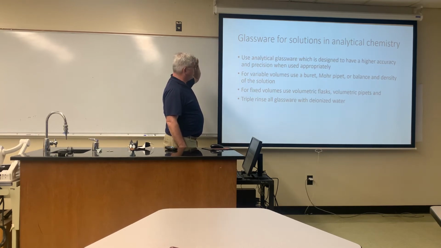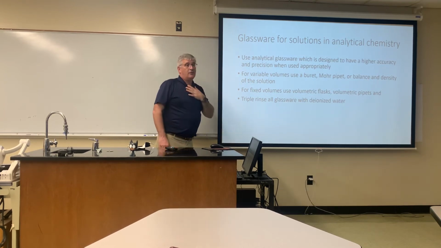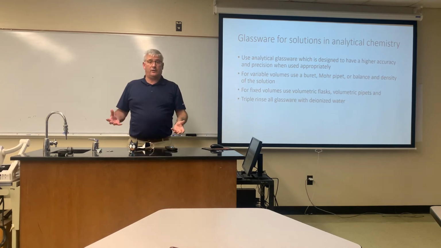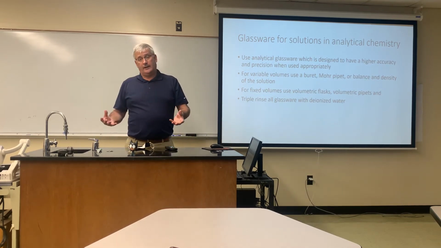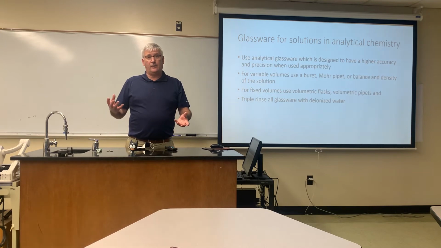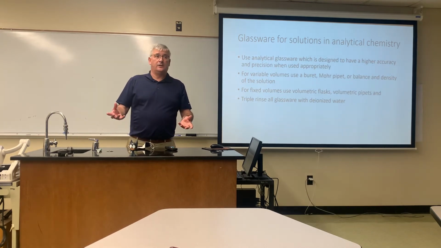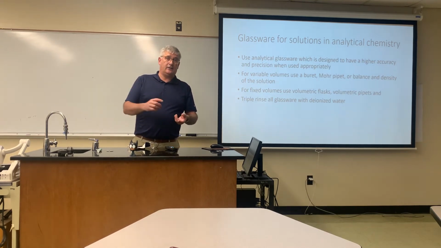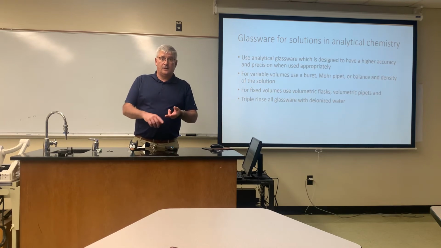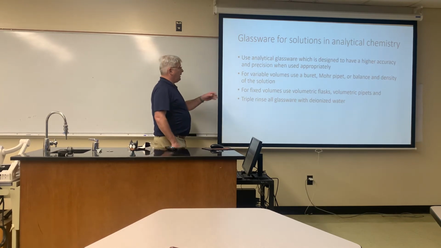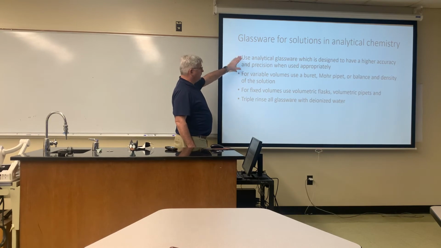Now, glassware for solutions in analytical chemistry. There are different types of glassware. Beakers and graduated cylinders are less accurate than things like burettes, volumetric pipettes, and volumetric flasks, which have fixed volumes. I want you to learn to use the appropriate glassware when we need higher accuracy.